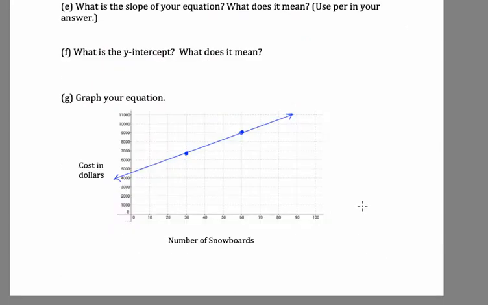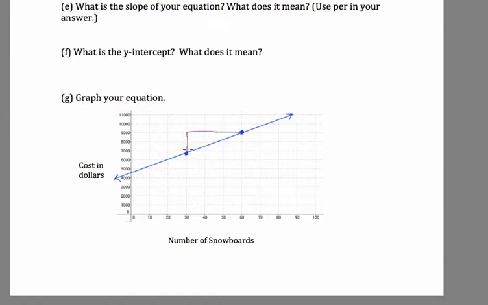I've got to go down and look at this visually. I'm very visual when it comes to these slope problems. You can see I've plotted both my points. There's 30, 67.50, and there's 60, 9,000. So my slope will be this.